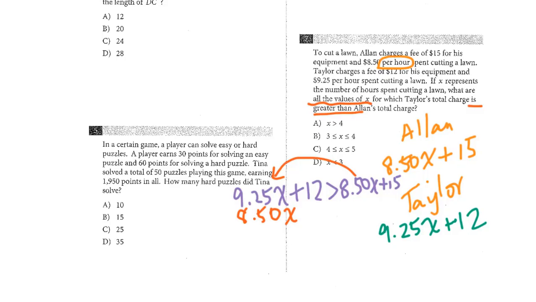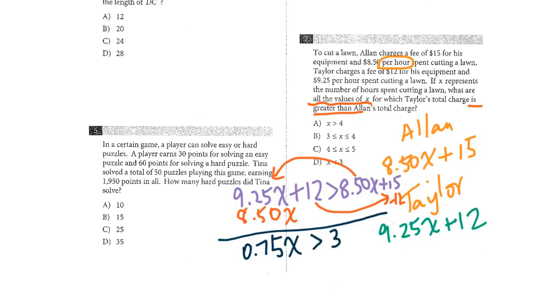And then subtract 12 from both sides. You will get 0.75x greater than 3. Then we know x is greater than 4.